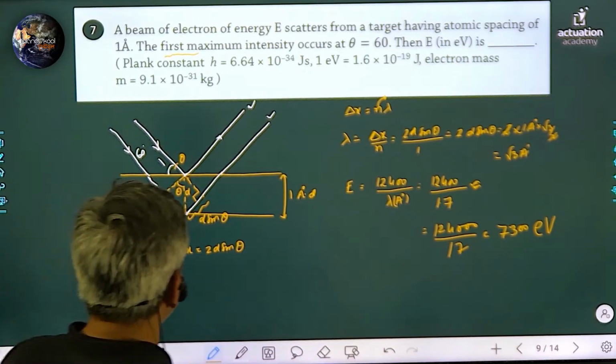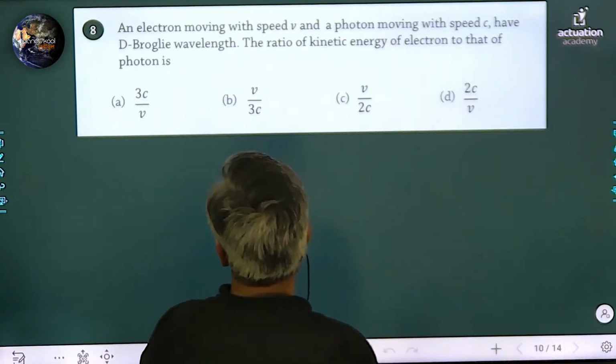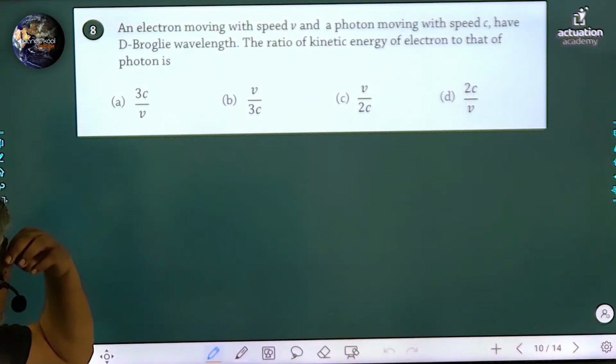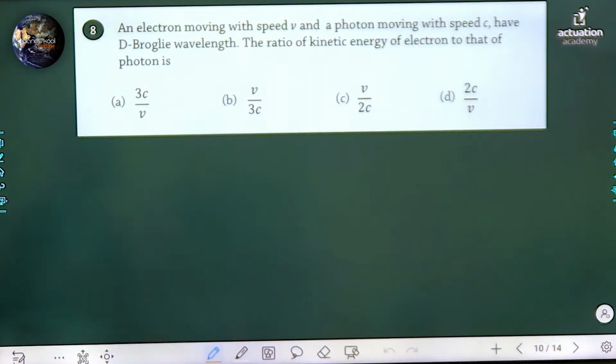Now move to question number 8. An electron moving with speed v and a photon moving with speed c have de Broglie wavelengths. The ratio of kinetic energy of electron to that of photon is.